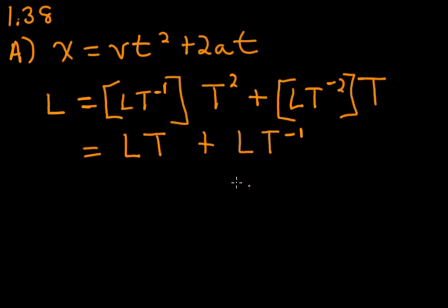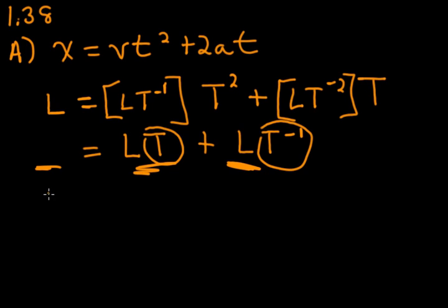And here we have a problem. These can't add, and I have t units where I have no t on the right hand side. So this can't be an equation. It's not valid physics because my dimensions don't match.